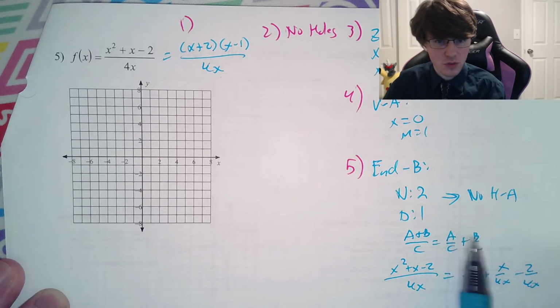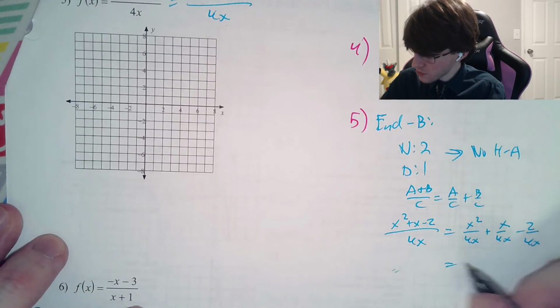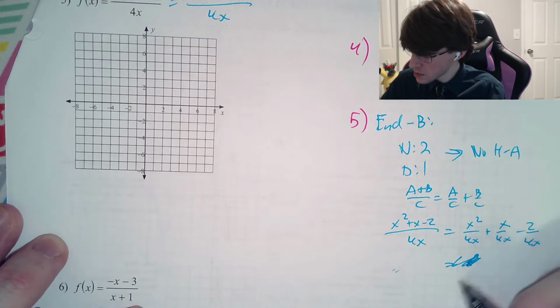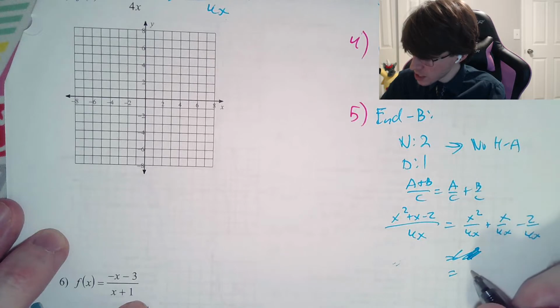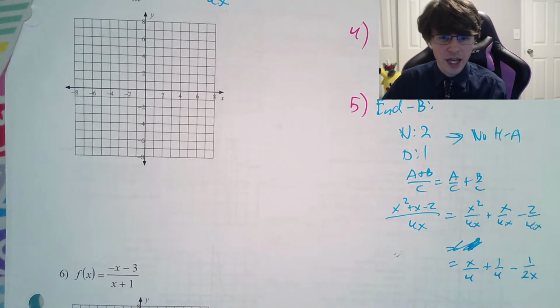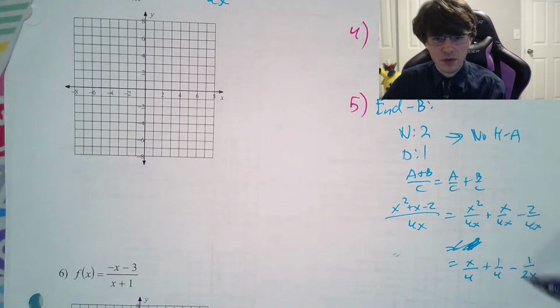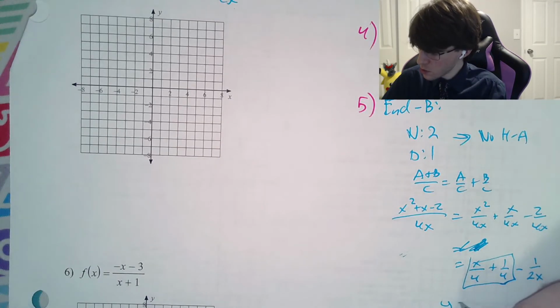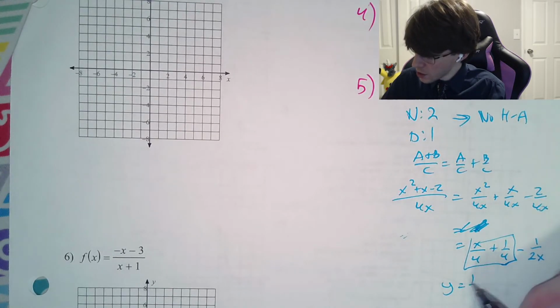You're just applying this rule right here, which simplifies to x squared. Oh, it doesn't. Yikes, Mr. Richards. It just simplifies into x over 4 plus 1 over 4 minus 1 over 2x. The end behavior is everything except for the remainder. This part right here is the remainder. So this is our end behavior, which is really the equation y is equal to 1 over 4 x plus 1 over 4.